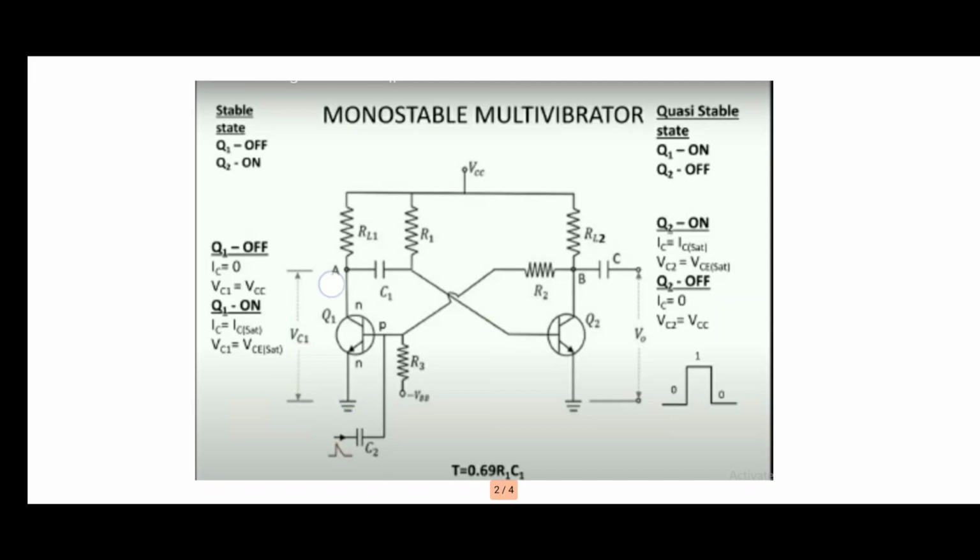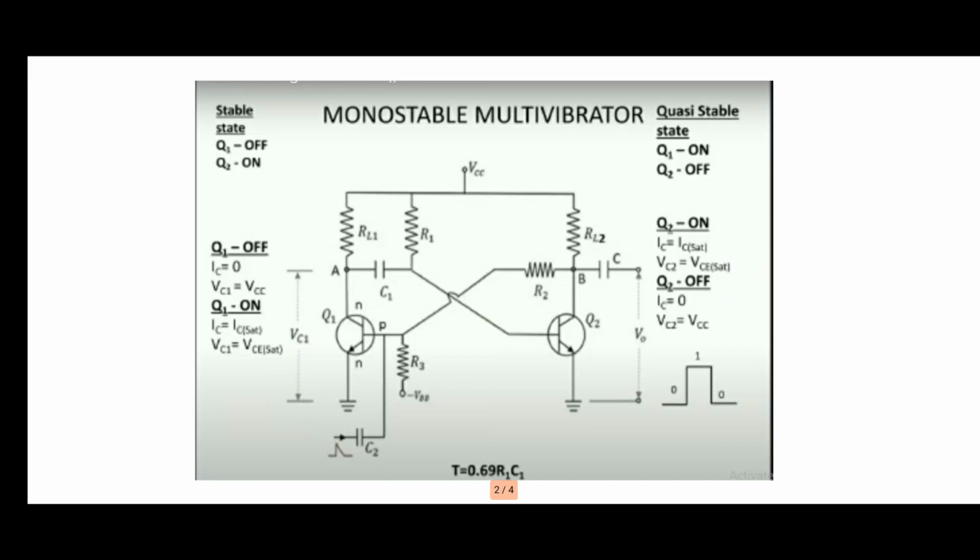So the collector current is 0, and the collector voltage of Q1, VC1, equals the power supply VCC. And what is the status of Q2? At default, Q2 is on. So the collector terminal and the emitter terminal are short circuited. Now IC equals IC saturation, and VC2, the collector voltage of Q2, is VCE saturation.